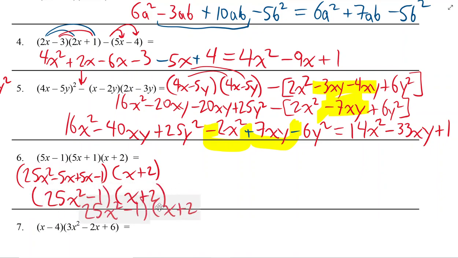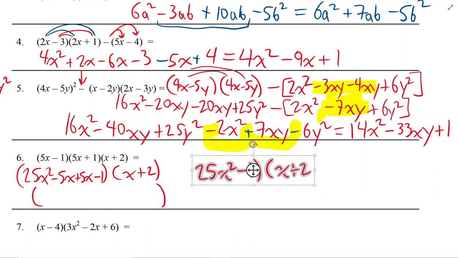So difference of squares, hope you noticed that, difference of squares cancels out to 25x squared minus 1. So now we'll multiply those two out. The middle terms here cancel out with the minus 5x and the plus 5x.